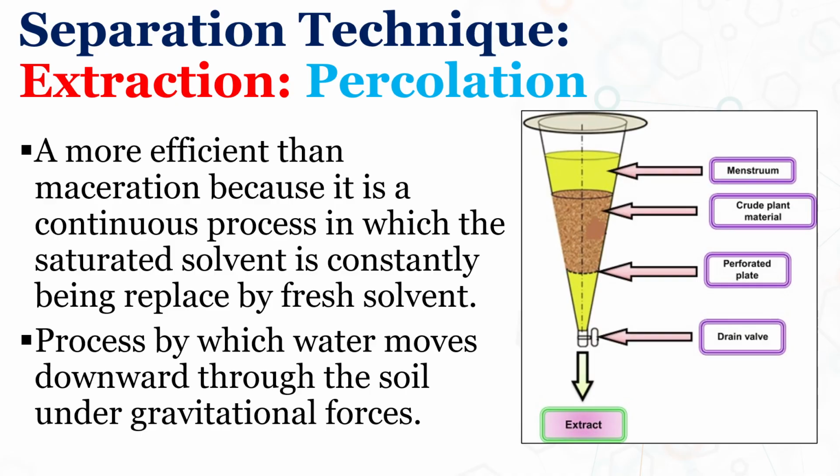Actually, in the laboratory during my college days, we used this. We have different layers: gravel or stones, and then sand, and then cotton. And then we pour the solvent. That's actually a percolation technique already, no?